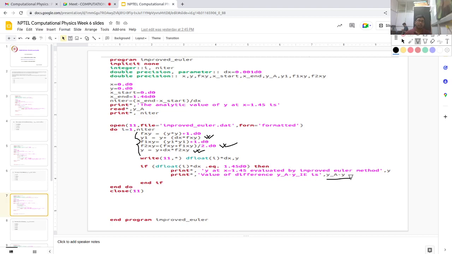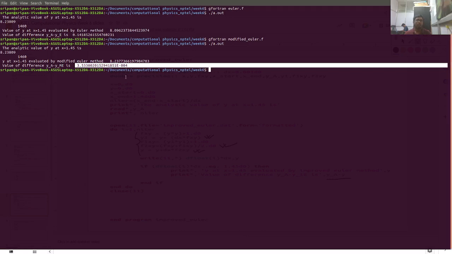So let us look at the output of this program. gfortran improved Euler.